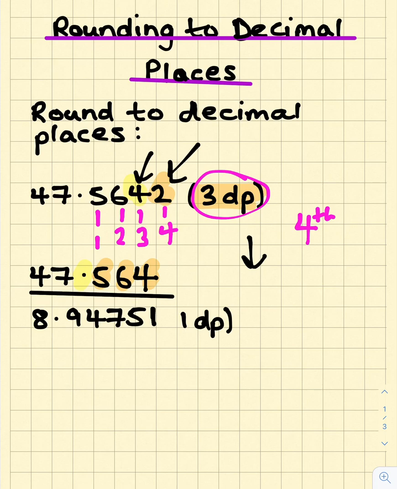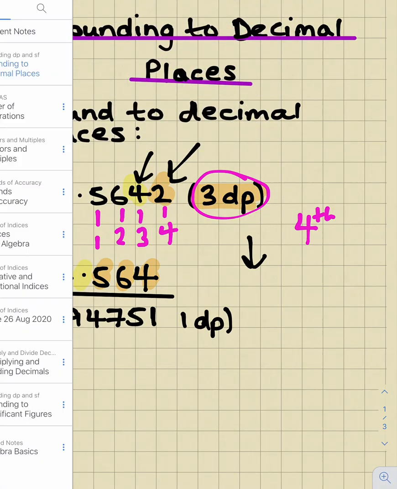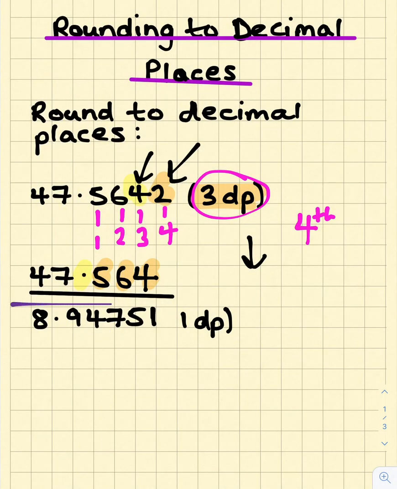Now let me just separate both questions so they're clear. Perfect. Next question. 8.94751 rounded to 1 decimal place. Again, reminder, when rounding to a specific decimal place, in this case decimal place 1, the first decimal place, what we do is inspect the decimal place after that.